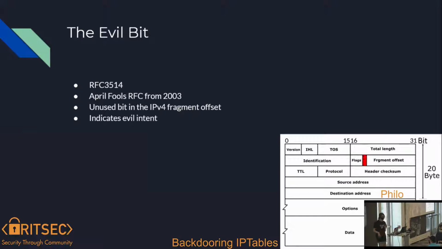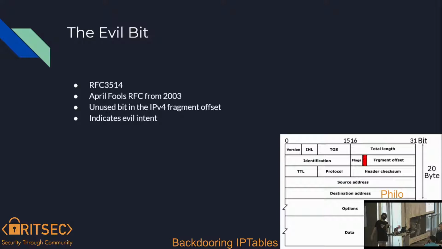So this is the evil bit. It's an unused bit in the IPv4 header that was the subject of the April Fool's RFC in 2003. If your packet contains evil intent, like if it's hacking, then it has to have this bit set.